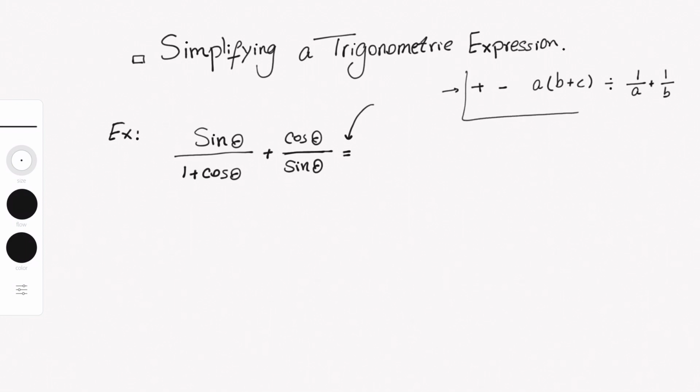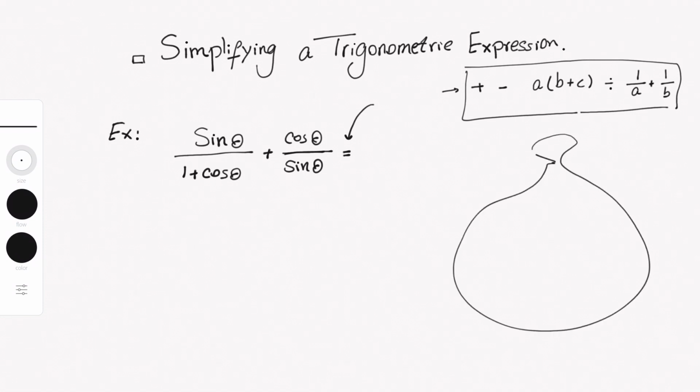Besides algebra, we also have a bag of formulas. Inside of the bag, all the formulas are inside. The first identity, for example: we know cosine squared theta plus sine squared theta equals 1.